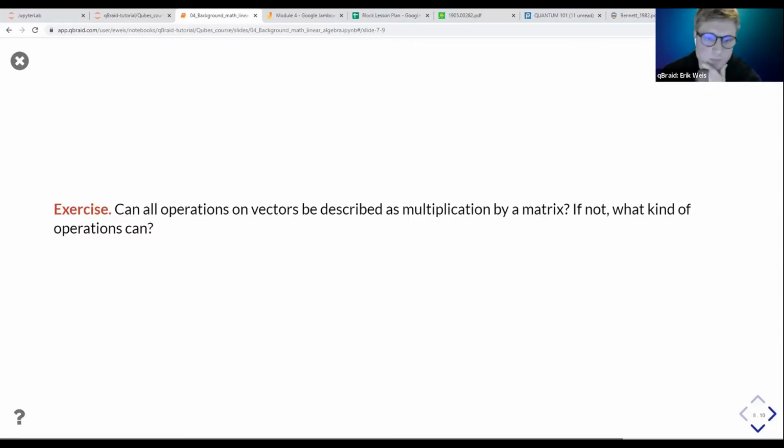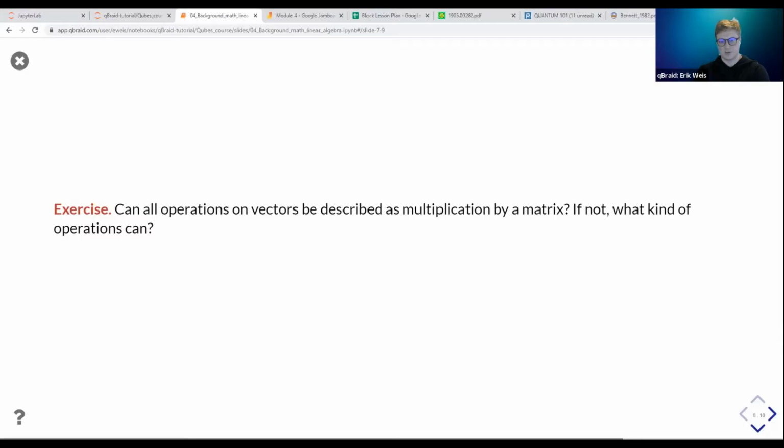Possibly. Well, we can think of, for one example, the inner product. The inner product is an operation on a vector, and it doesn't give another vector in return. When we apply the inner product to a vector by, say, another vector or a matrix of one dimension, you get a single number, a scalar.